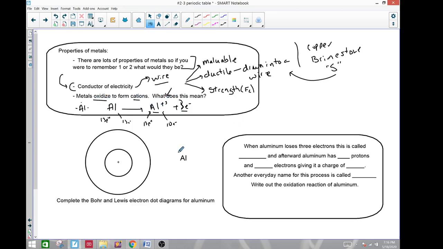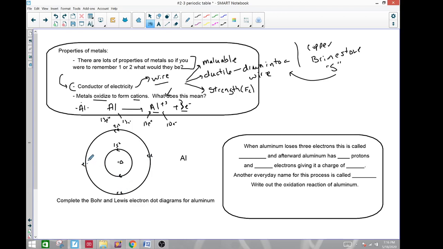Okay. It says complete the Bohr diagram and Lewis dot diagram of aluminum. So we just kind of talked about that. It's got 13 positives here, and it's got 1, 2, that's the 1s2 electrons. Then 2s2, and then we need 2p, we need a grand total of 10 electrons, so 2, 4, 5, and we need this to be full.